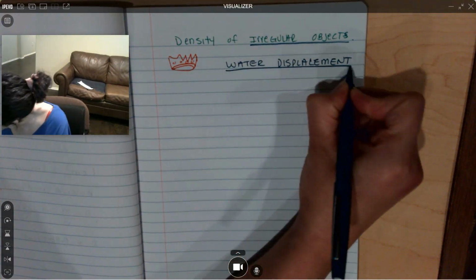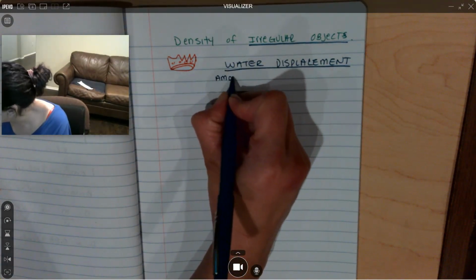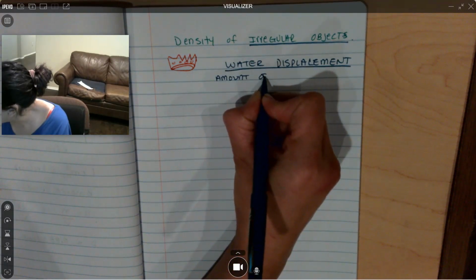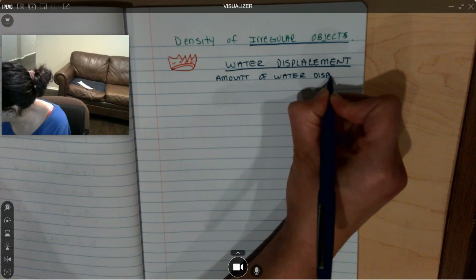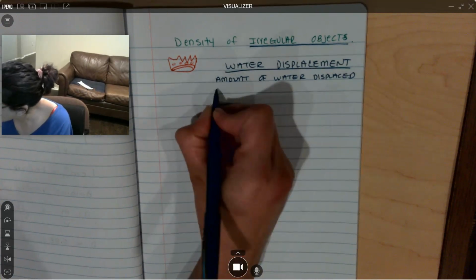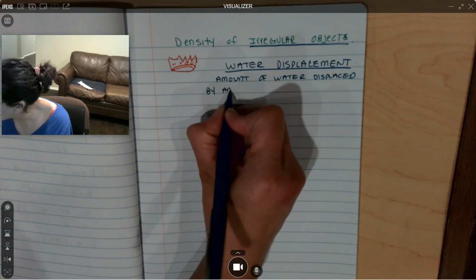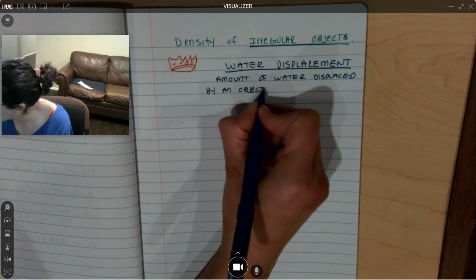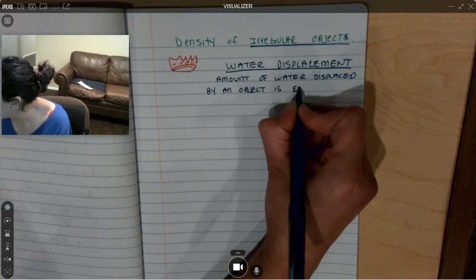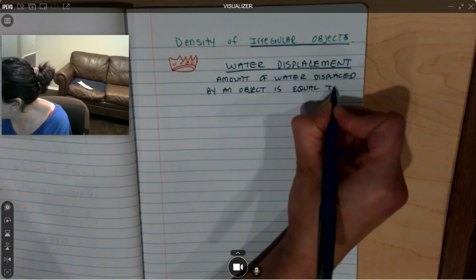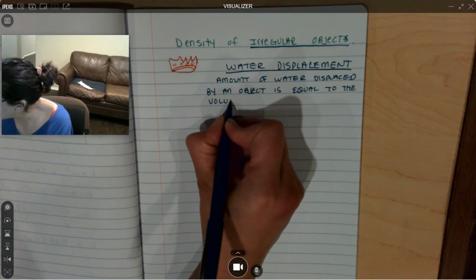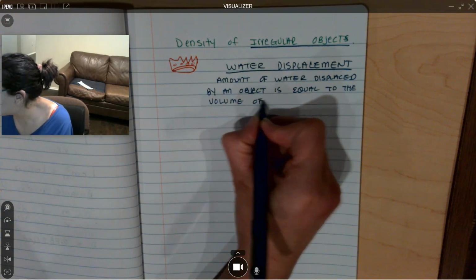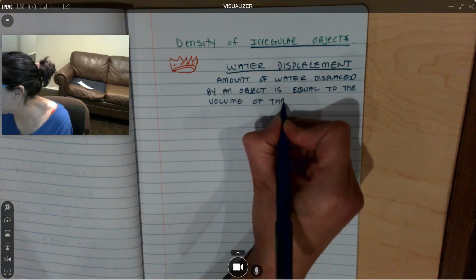So the amount of water displaced by an object is equal to the volume of that object.